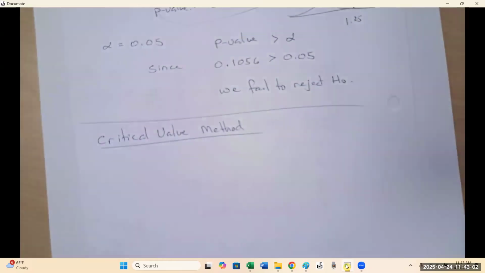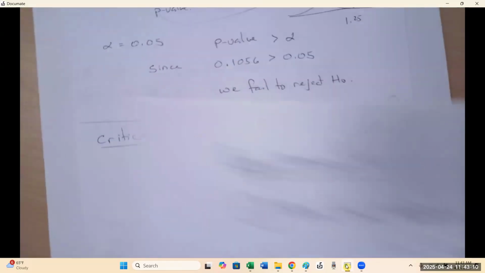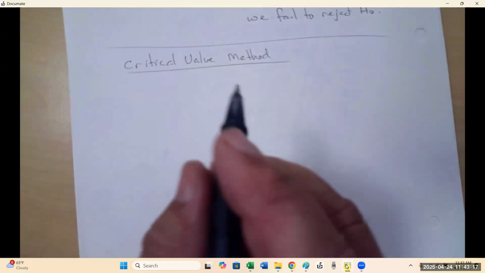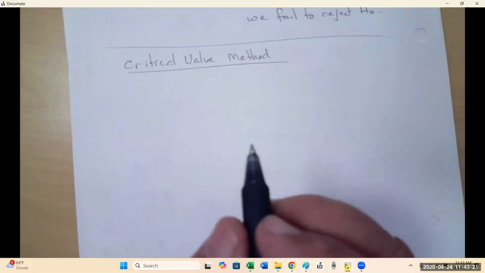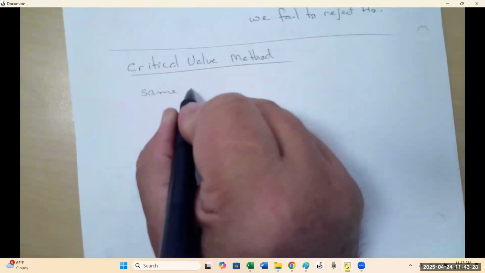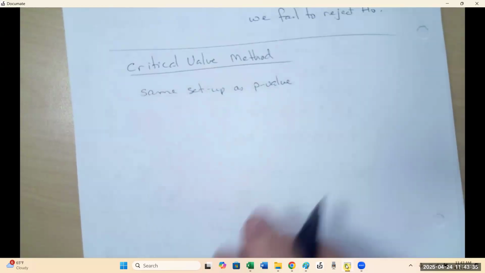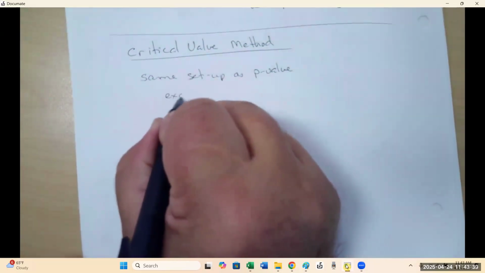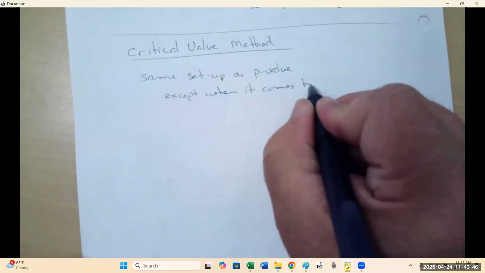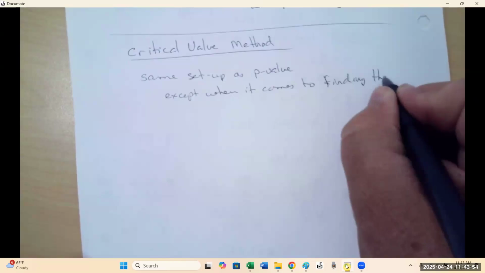So pretty much most of this stuff is the same, up to finding the z value.